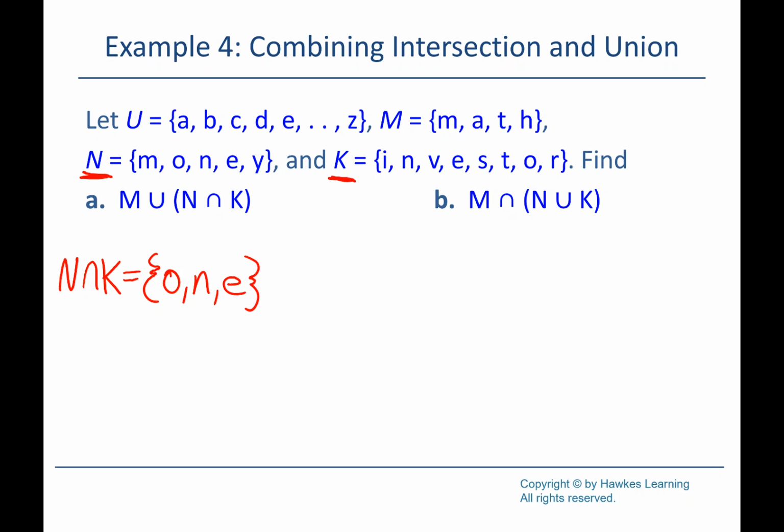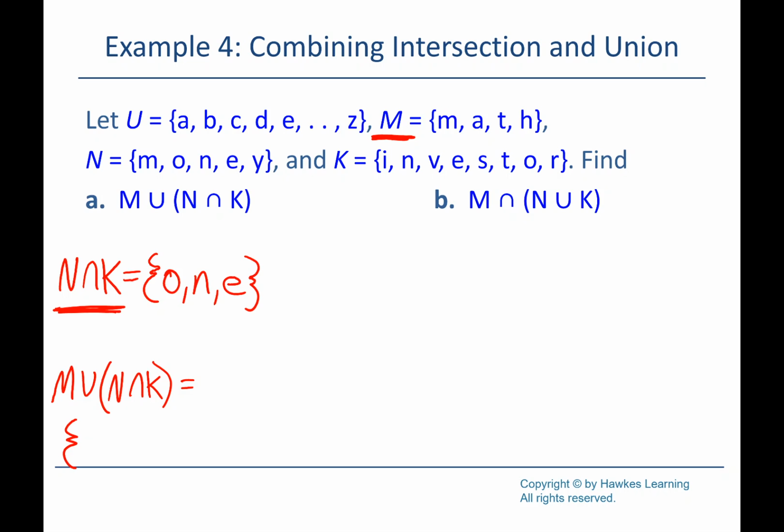And then now we've got our new set. Okay, we found this thing. So now we want to use that new set and do the union with M. So we're using this set and this set, doing a union. So what's that going to get?